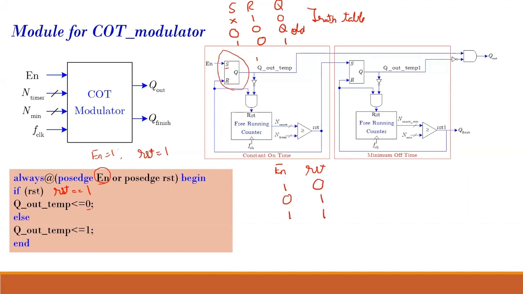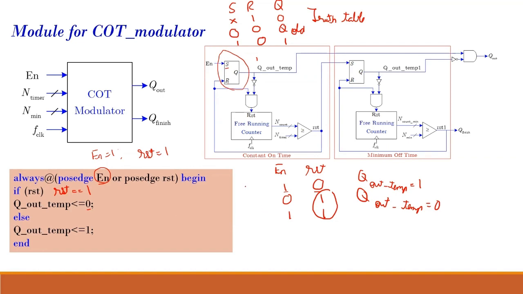First it will check if my reset is 1; if it is, Q out temp will take the value of 0. In the next case, what does else imply? It means that my reset was 0 and my enable was 1. Then Q out temp takes the value of 1.